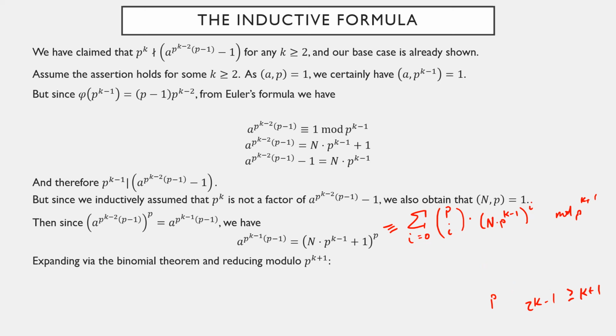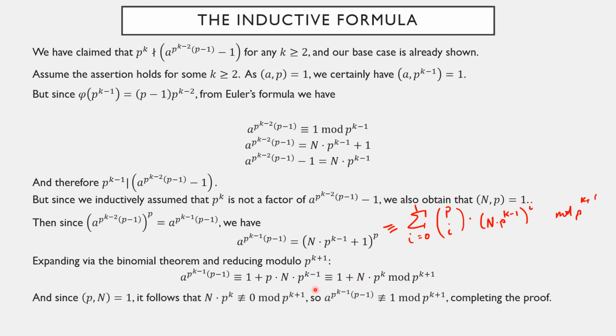I only need the first two terms as long as I am working modulo p to the k plus 1. I only need i equals 0 and i equals 1. So expand this out with the binomial theorem, and the only thing you need corresponds to i equals 0 and i equals 1. So you end up with 1 plus n times p to the k, at least modulo p to the k plus 1.